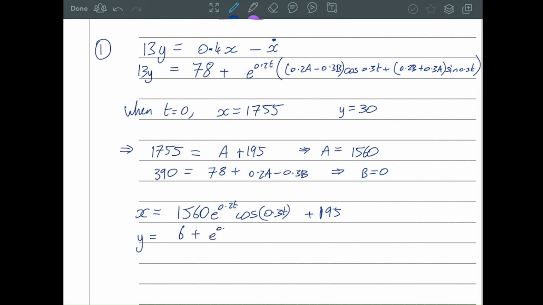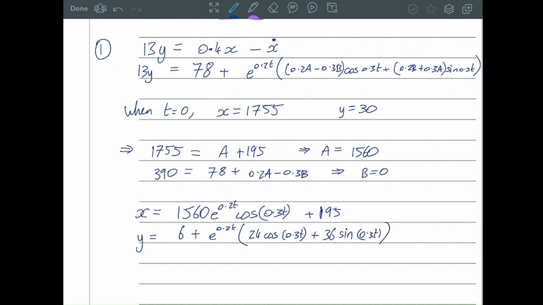Let's hope that each of these coefficients do indeed divide by 13 nicely. So it's 0.2 times 1560 divided by 13 gives me 24 cos 0.3t plus 0.3 times 1560 divided by 13 plus 36 sine 0.3t.